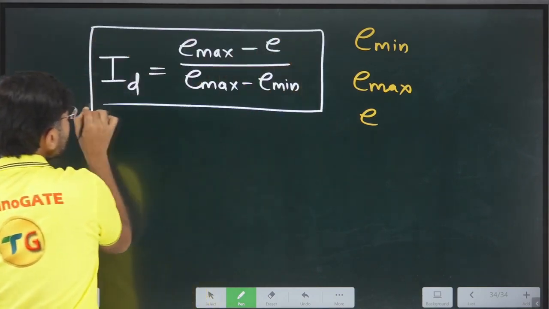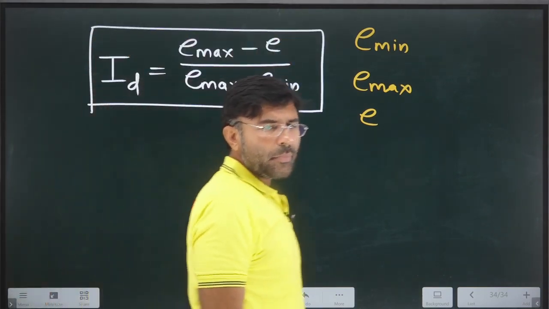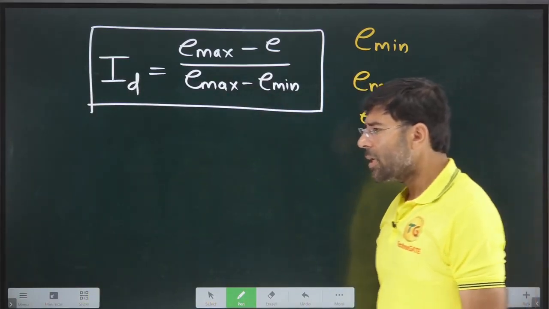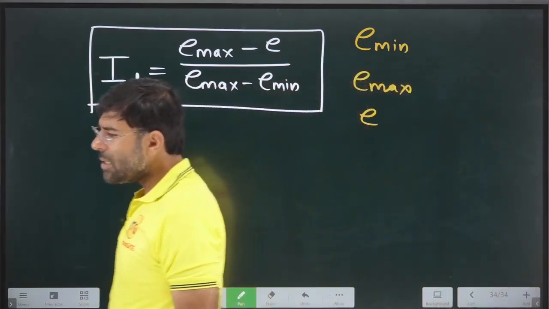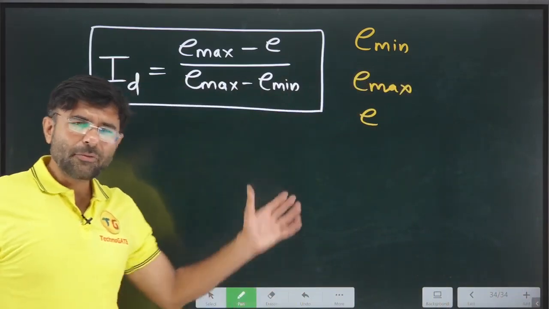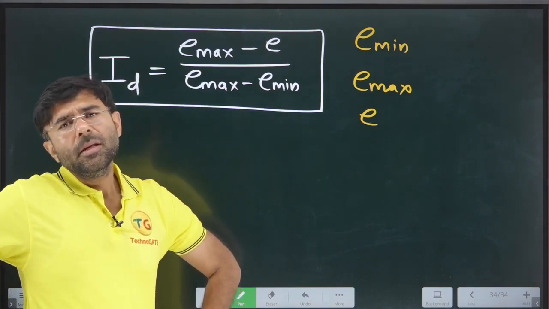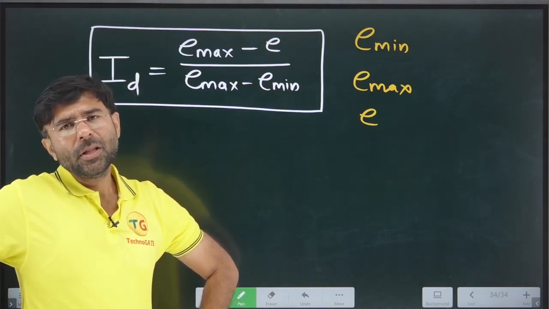You can multiply this value by 100 to get the value in percentage. So this is the formula to calculate the density index of the soil. This will give you a numerical value. Now the question comes, what is the significance of this value?